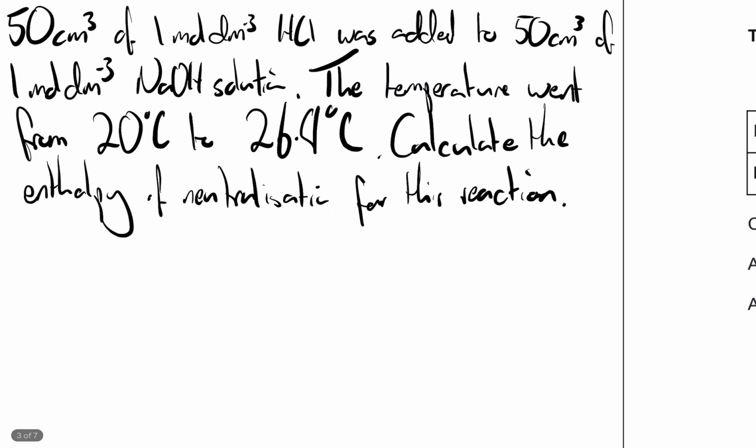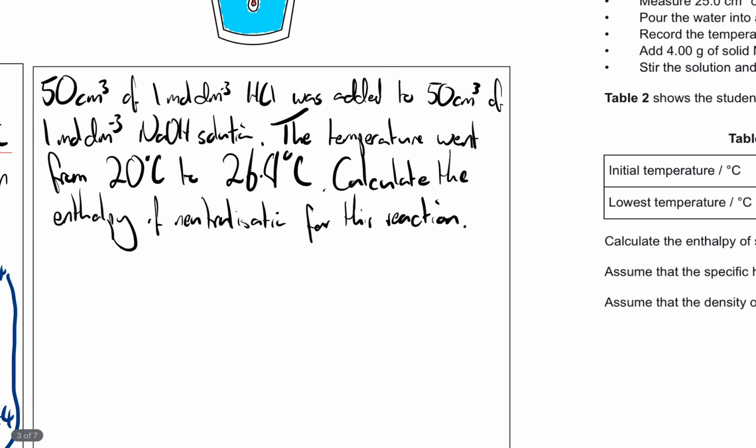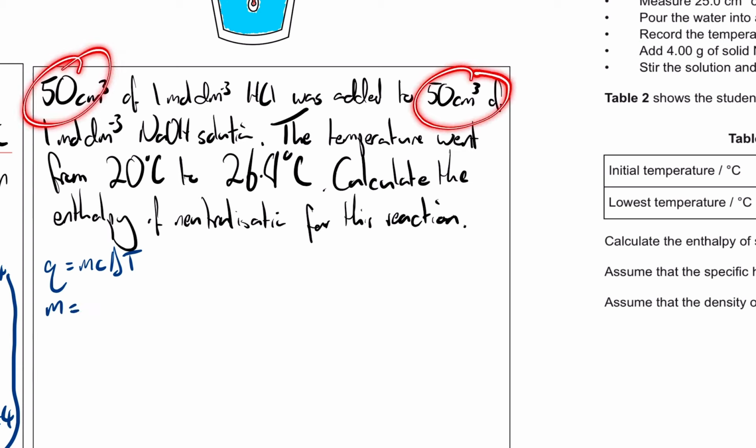So again, Q equals MC delta T. M is equal to, we've got 50 added to 50, so that's going to be 100 grams. C is 4.18 again.